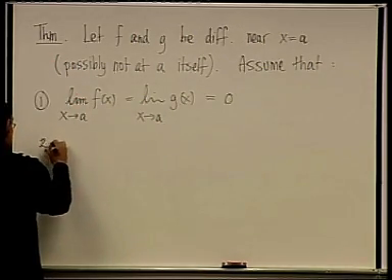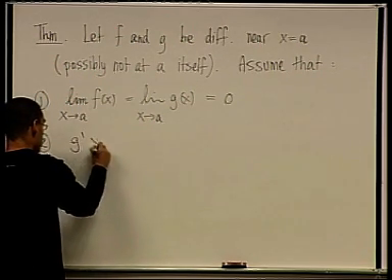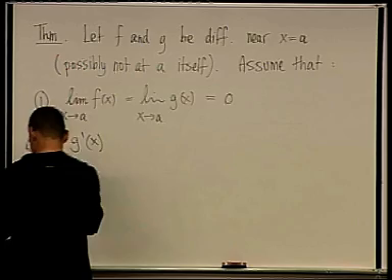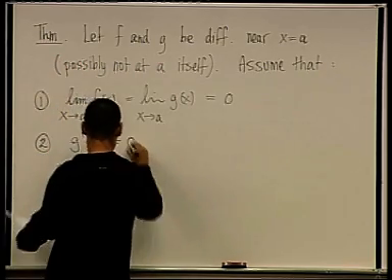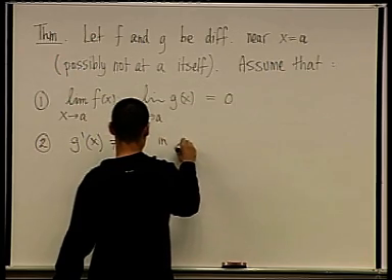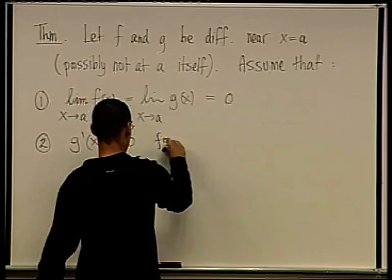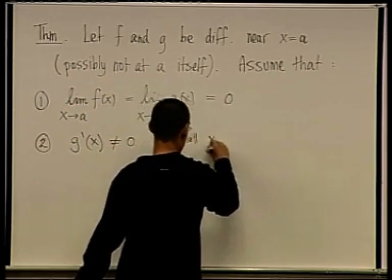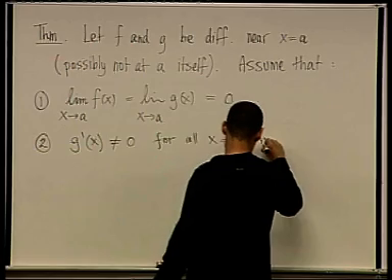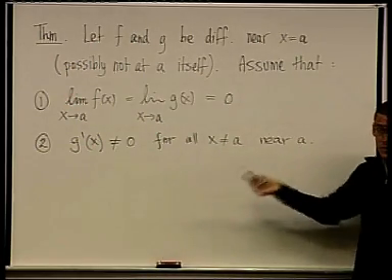The second condition is a slightly more technical one, saying that the derivative of g is not 0 for all x which are not a, near a. So we're dividing by g prime.